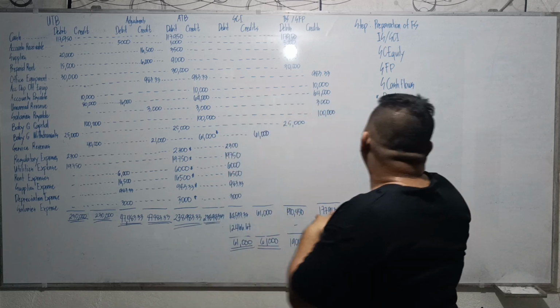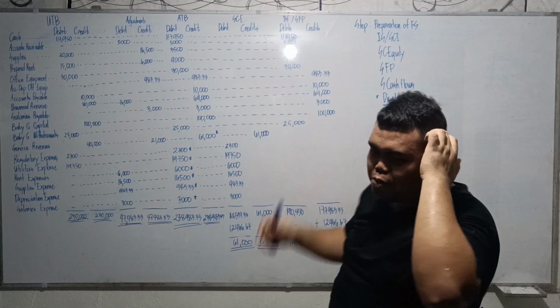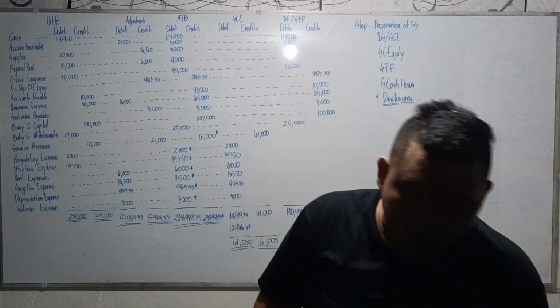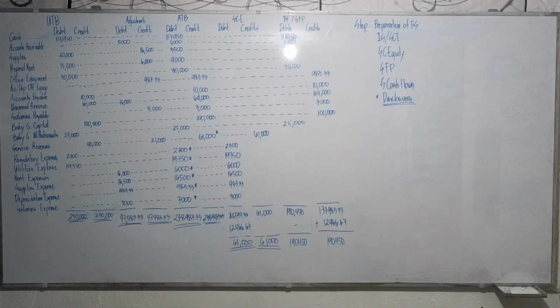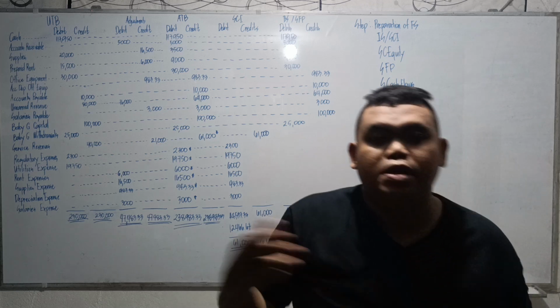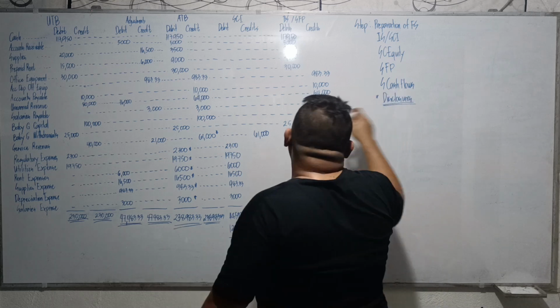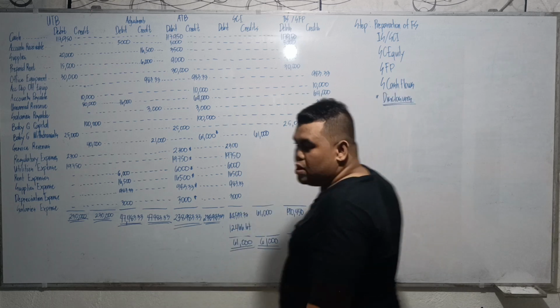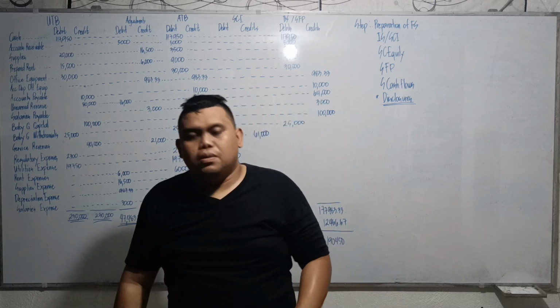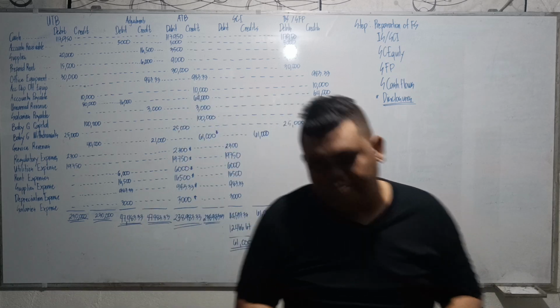So on the disclosures, you expect that the cash composition will be detailed. Like for example, how much of that cash is on hand or in the company's vault or in the company's bank and which banks. So that is just the purpose of disclosures.